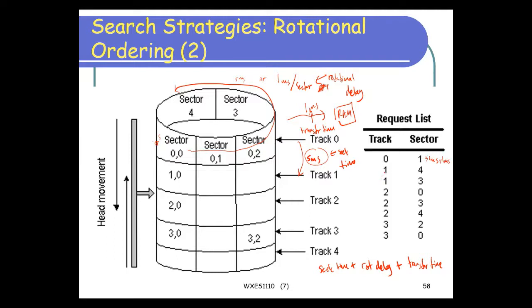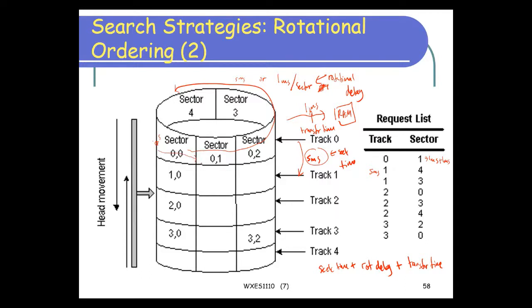and then you move to track 1. So this is 5 millisecond because of the inter-track travel, a seek time. Let's say from the first one, 0 to 1, first it will travel from here to here.